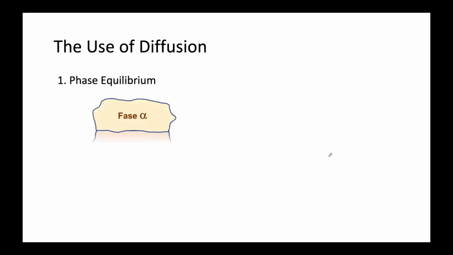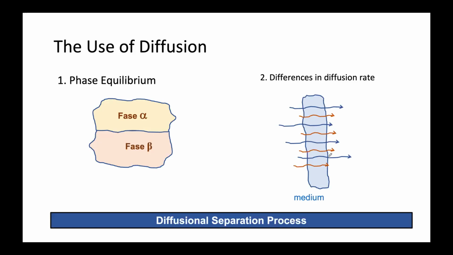Okay, so what is the diffusional separation process? The diffusional separation process is the separation that uses diffusion as an aid to separate two phases. First, we're going to use the knowledge of equilibrium.